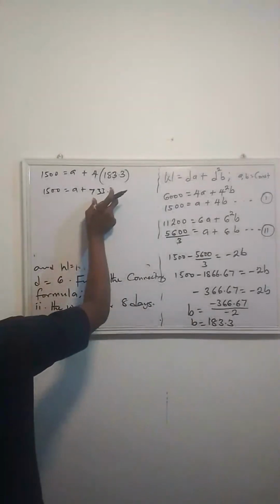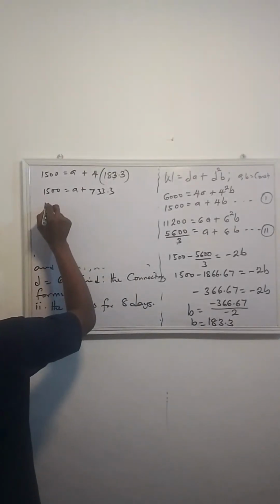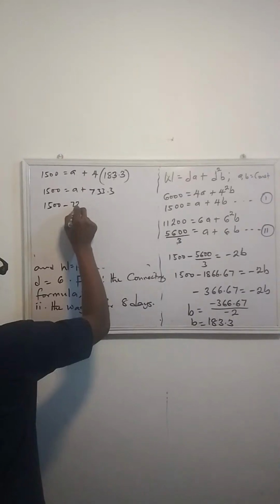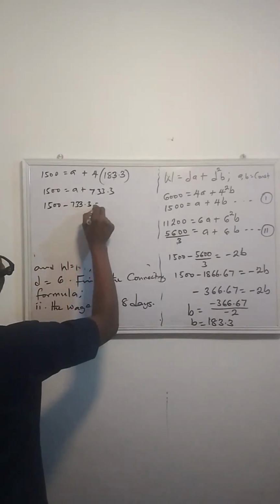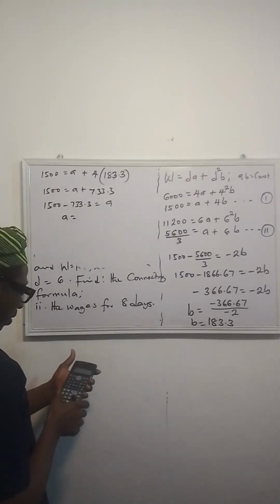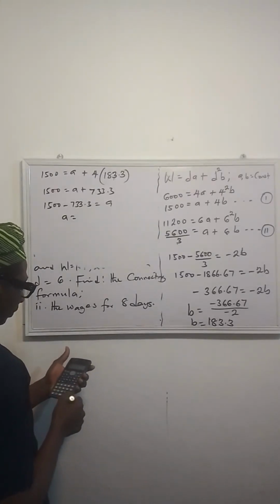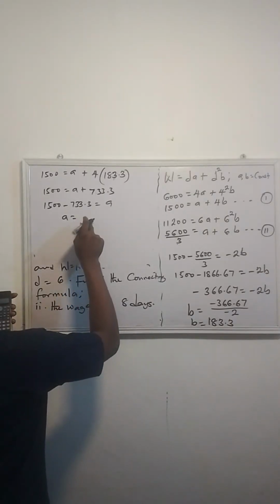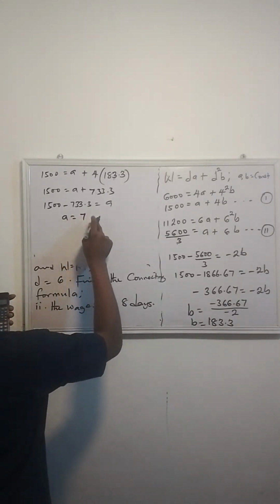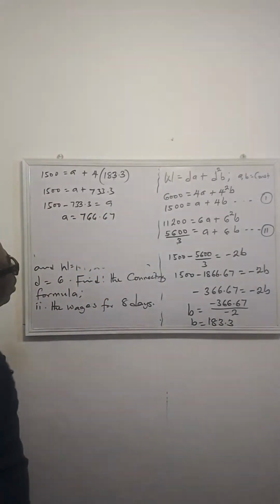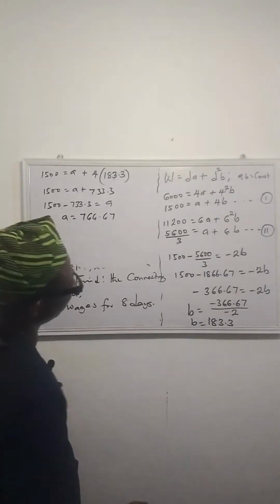So you can subtract this from both sides. So you have 1500 minus 733.3 equals A. So what is going to be the value of A? That is going to give you 766.67. Okay, so that is what you have as your A.